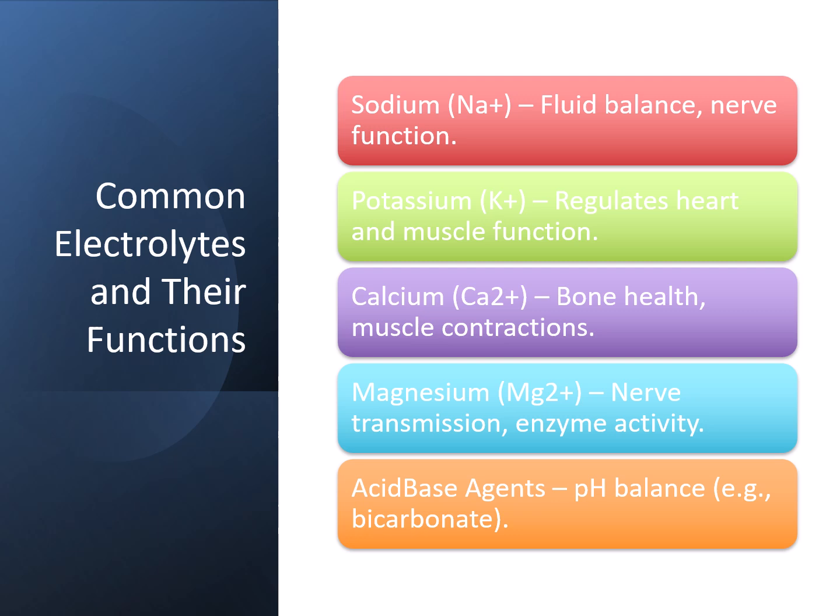Then you have your bicarbonate. These are your pH balancers, your acid-base agents, such as your bicarbonate. Bicarb is important when your patient is acidic and it's a kidney issue. You remember we talked about kidneys versus lungs, metabolic versus respiratory.